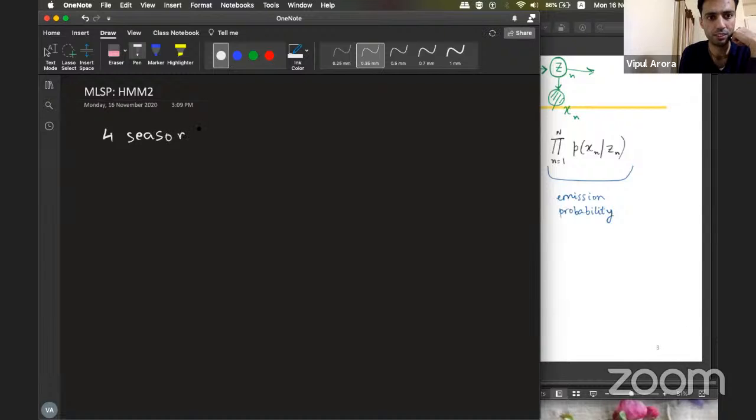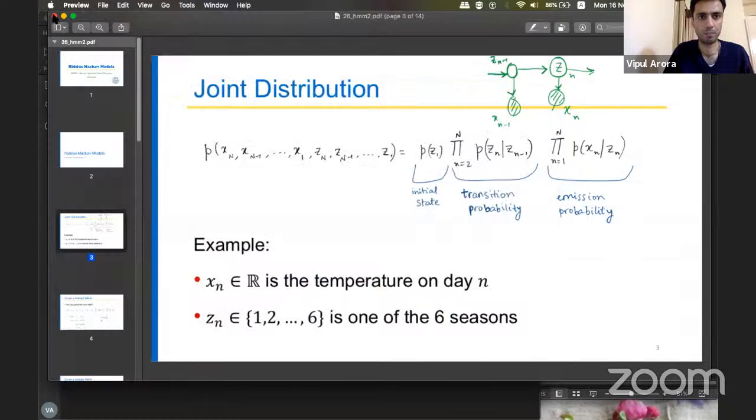We have 4 seasons. Z basically is a discrete random variable. I don't know why my pen is working very slow. Let me try to turn off some applications.